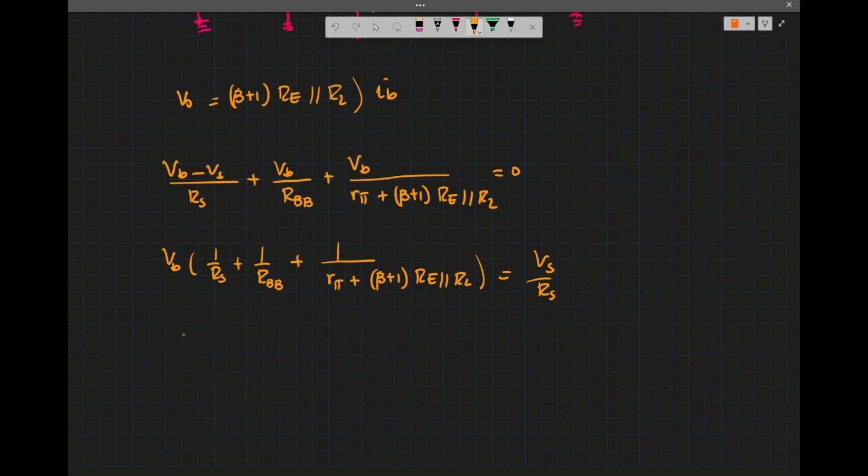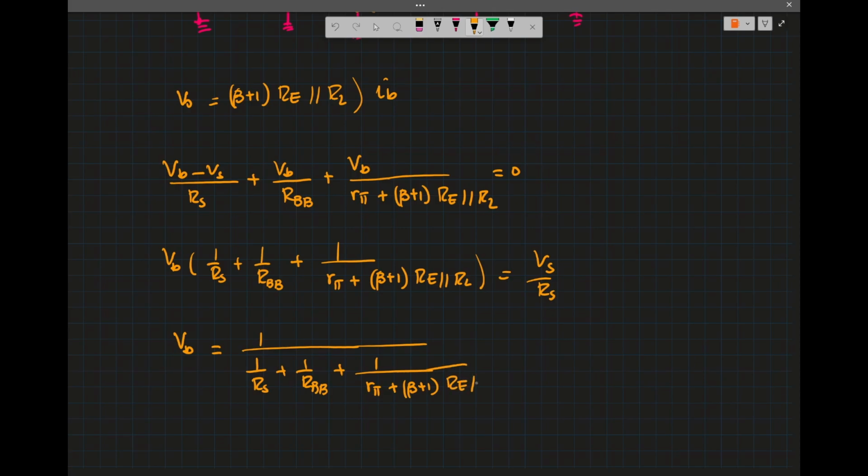So when I calculate that, I have VB will be equal to 1 over RS, right, you can just put this in a calculator. It looks big, but you can compute this using a calculator easily.